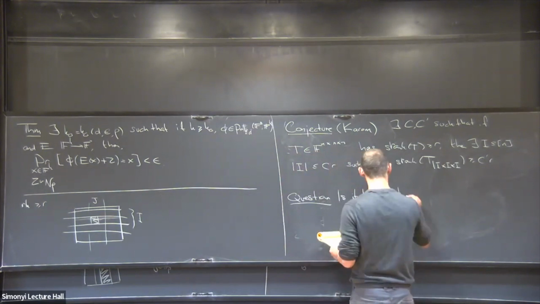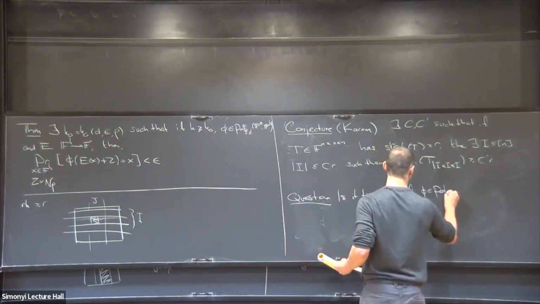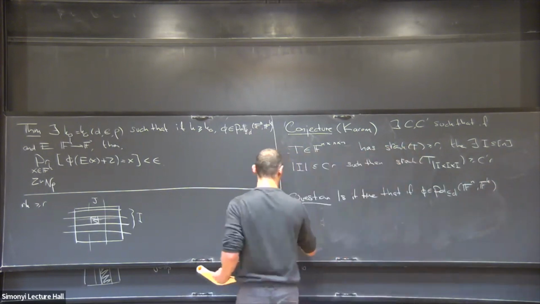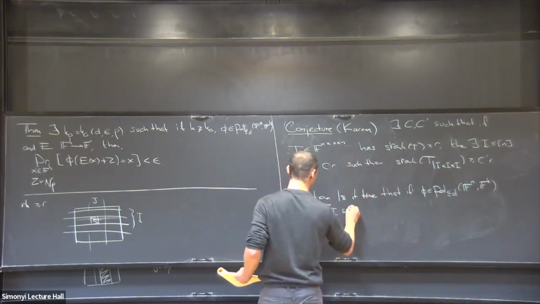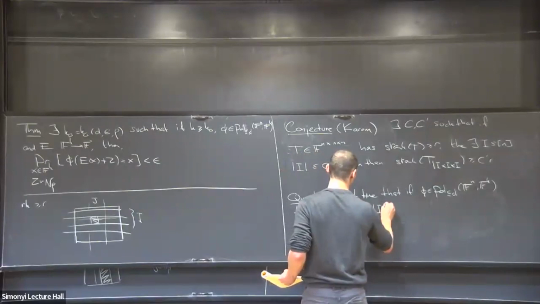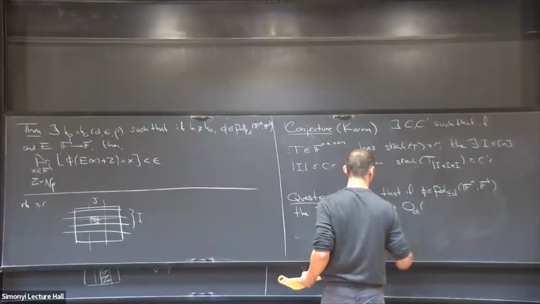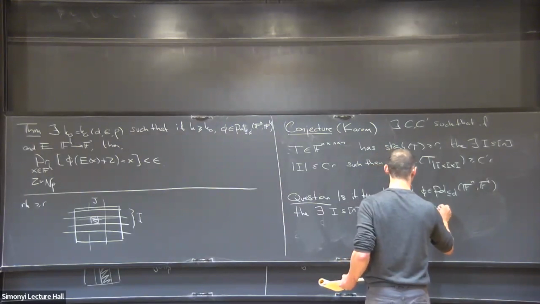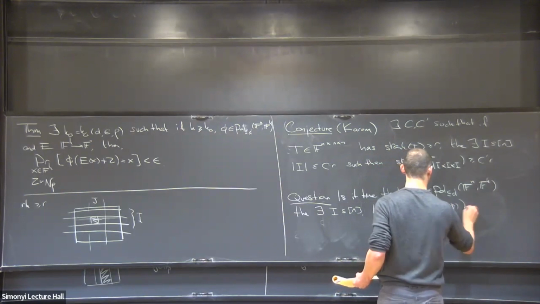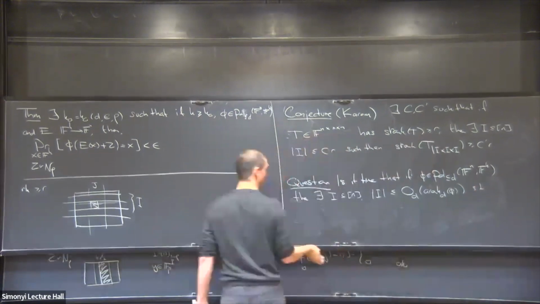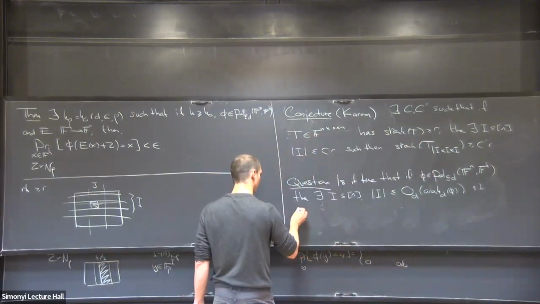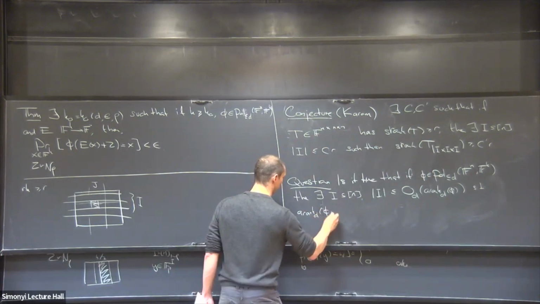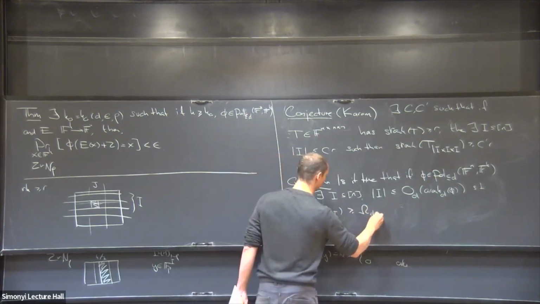So is it true that if phi is a polynomial map of degree d, then there is some subset I of the coordinates of size at most some constant, depending on the degree, times the analytic rank of phi, such that the analytic rank of phi restricted to I is at least omega of the analytic rank of phi.